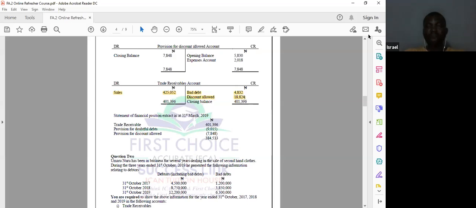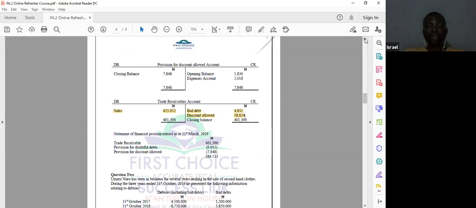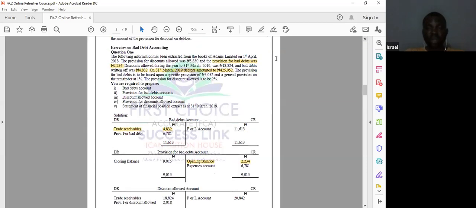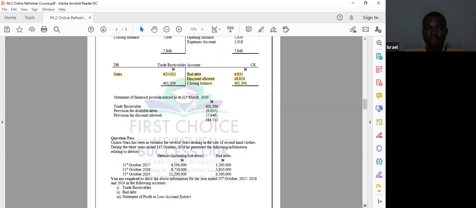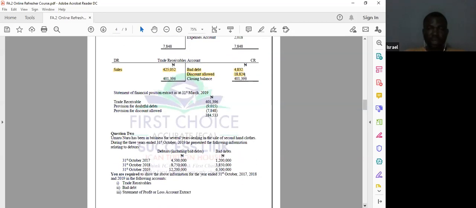Now going up here, they told us the general provision on the remainder is at 1%. So we need to calculate that. We do 1%. Now our trade receivables is 4,401,396.